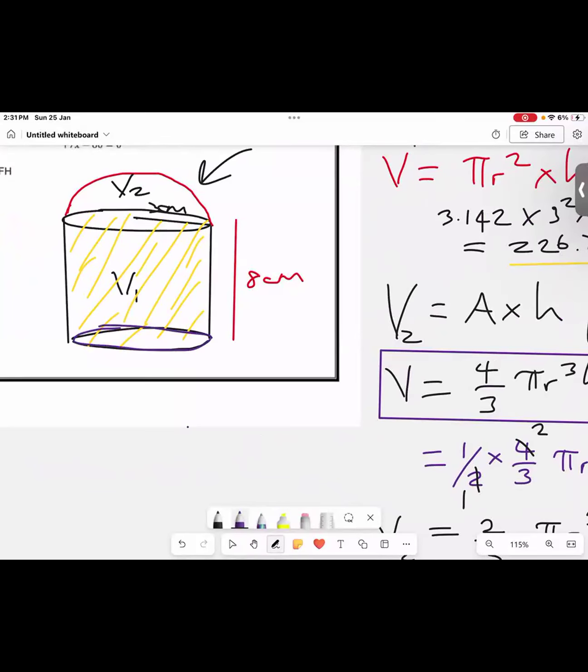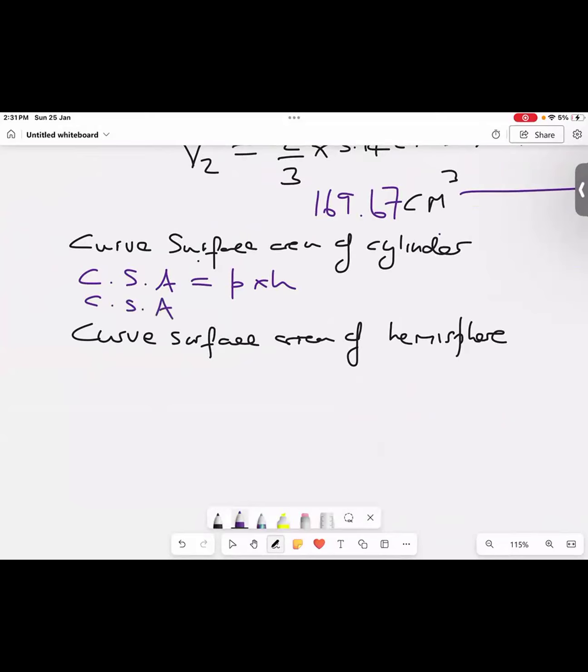So the perimeter of a circle is the same thing as the what? Circumference of a circle. And if you can recall, the circumference of a circle is 2 pi r. So let's go ahead and structure this formula then. Curved surface area is going to be equal to the perimeter, which is 2 pi r.